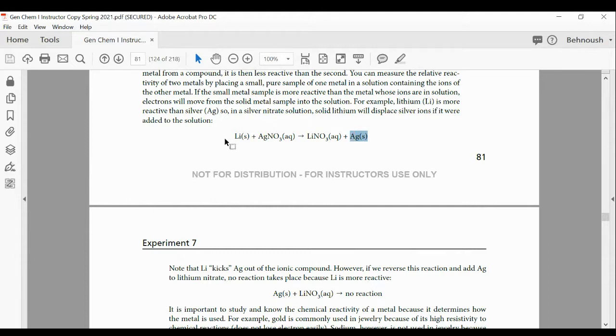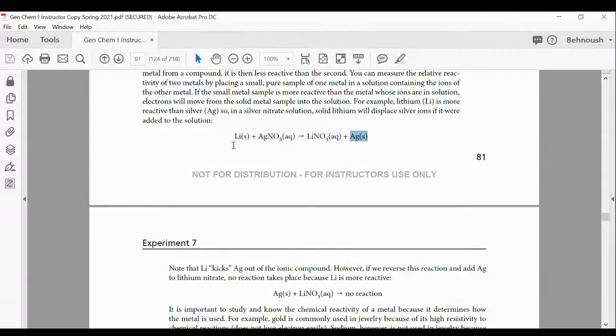So you have a solid lithium, you have silver ions, then solid lithium is going to lose electron, and silver would accept those electrons that are coming from lithium. Silver would be reduced from silver ion to silver solid, the zero charge, because it's taking electrons now.